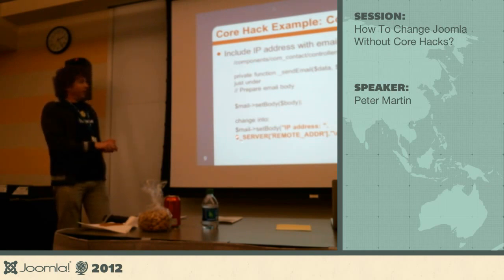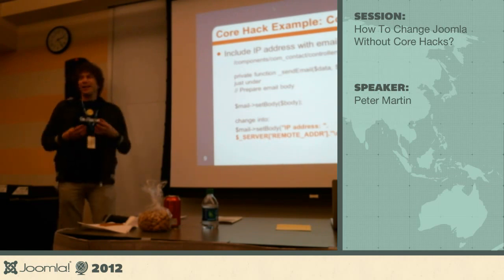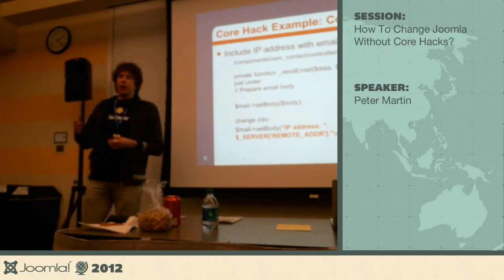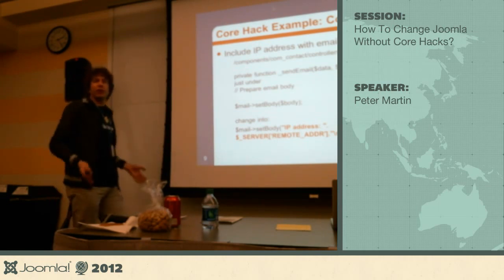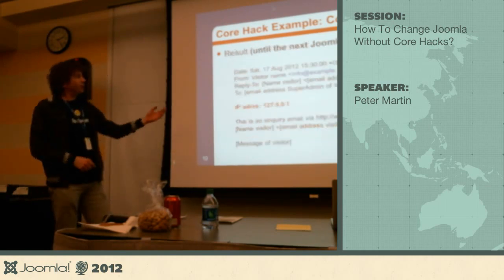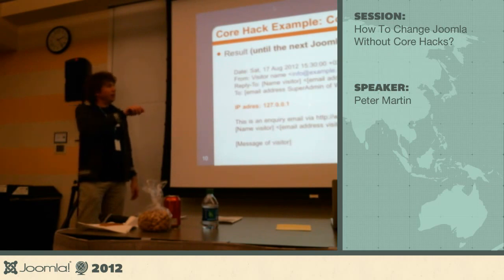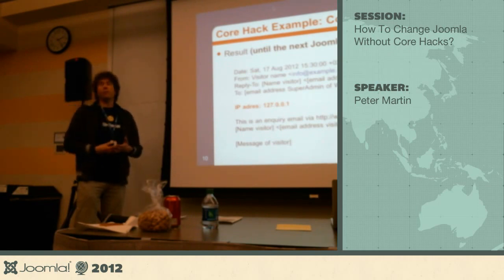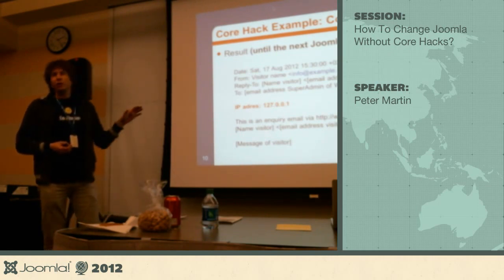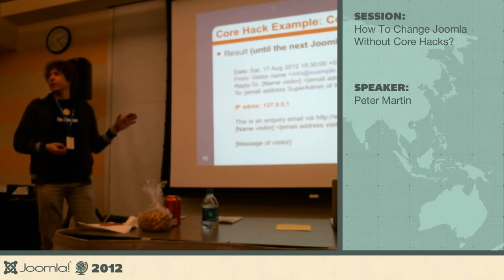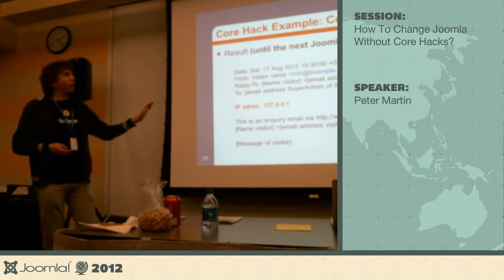Here it says $_SERVER['REMOTE_ADDR'], and there you retrieve the IP address of the visitor, and you just add it to the body of the email. It's good, because then you get something like this, the IP address just in the email. But it might not survive a Joomla upgrade. So this is not the way to go.